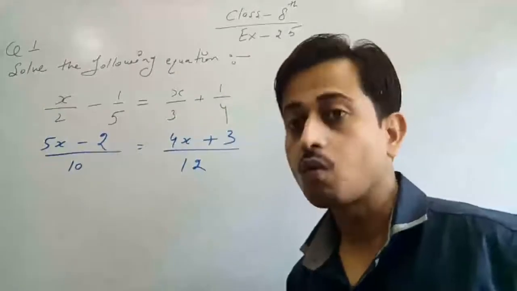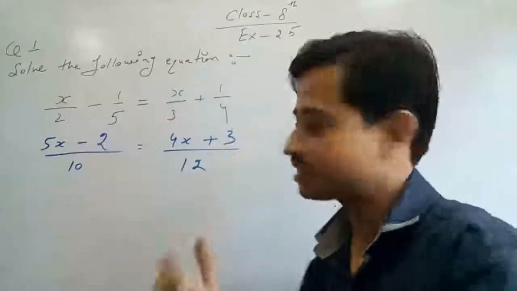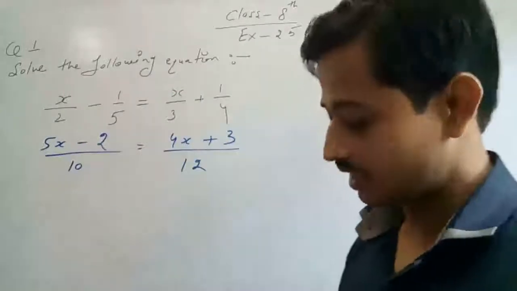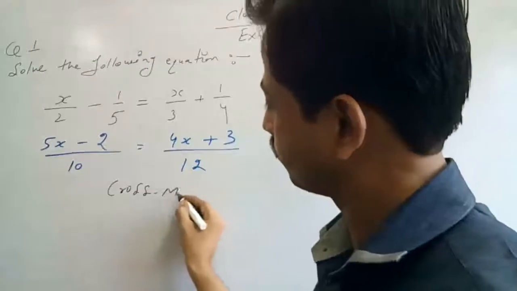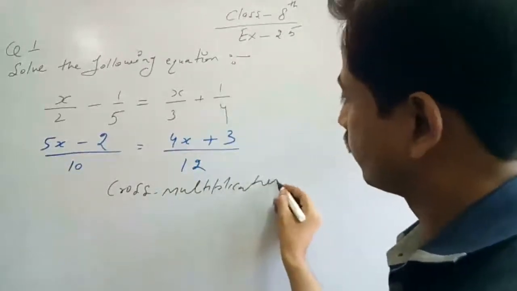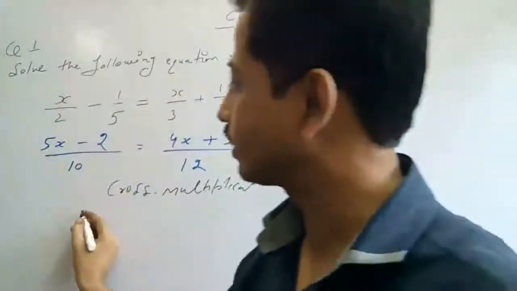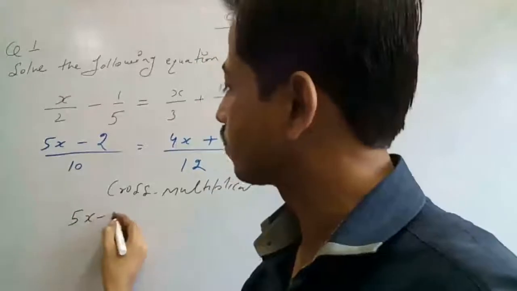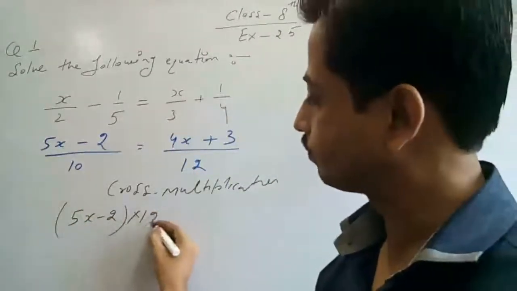3. Now what we have to do? We have to do cross multiplication. So do cross multiplications. So this multiply and this multiply. What will we get? We get 5x minus 2 multiplied by 12.